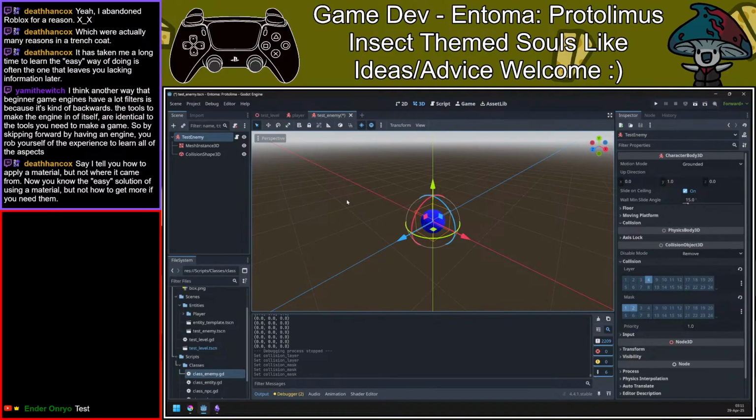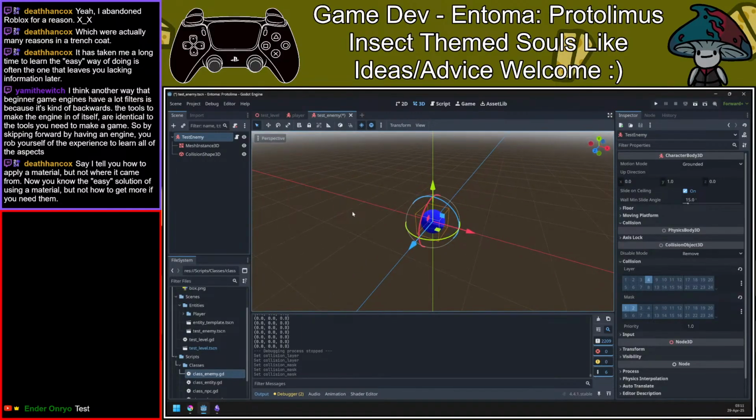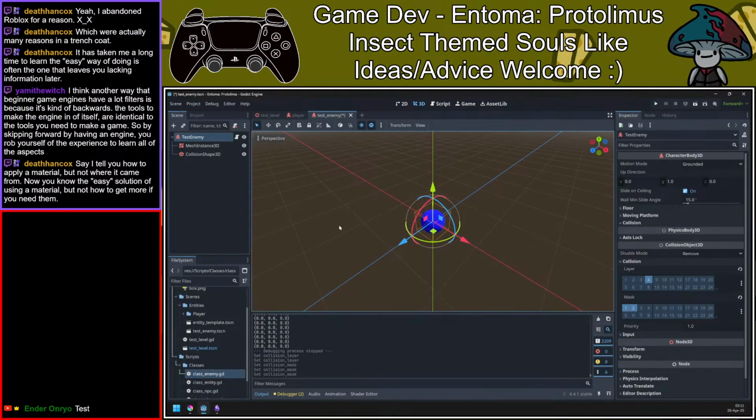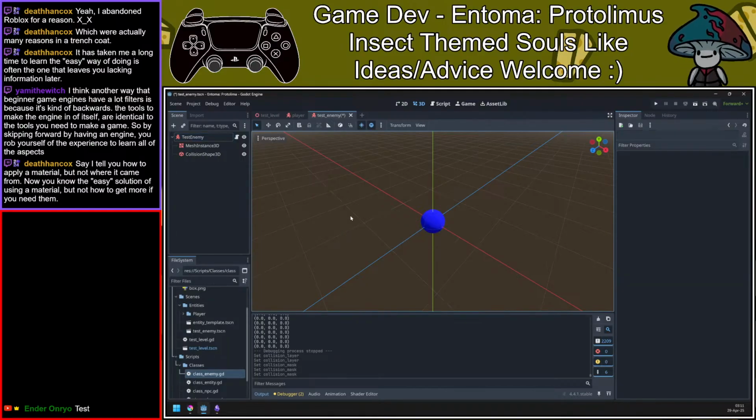So I tell you how to apply material, but not where it came from. Now you know the easy solution, but not how to get more. Well, I wouldn't necessarily say that's bad. You don't necessarily need to know how to fish if you know where the market is.